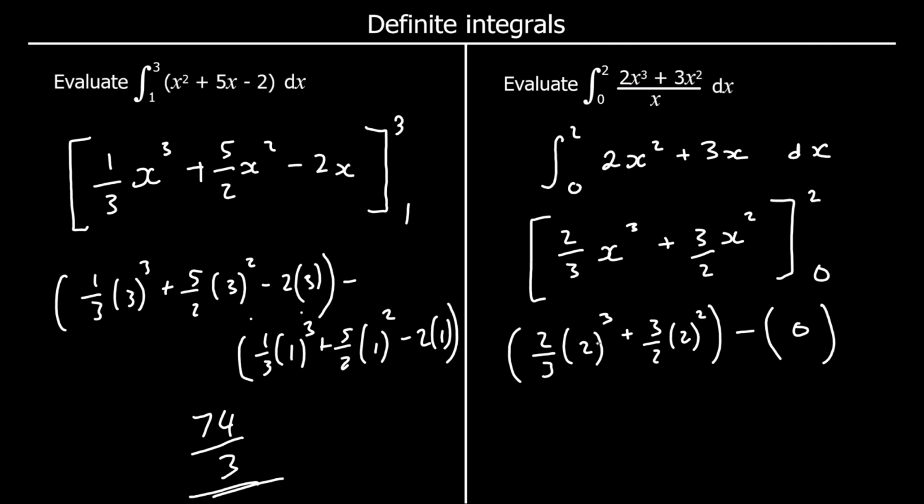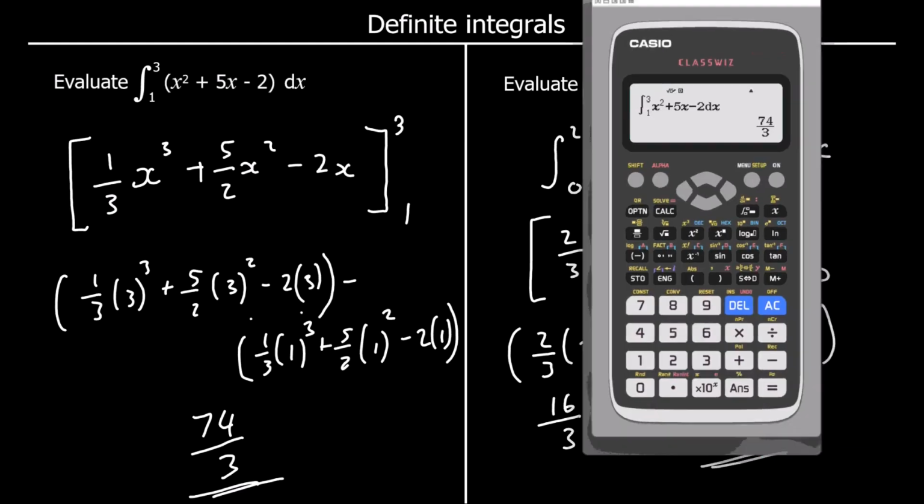So we've got 2/3 times 8, which is 16/3, plus 3 over 2 times 4, which is 6. 16/3 plus 6, so 16/3 plus 18/3 are going to be 34/3.